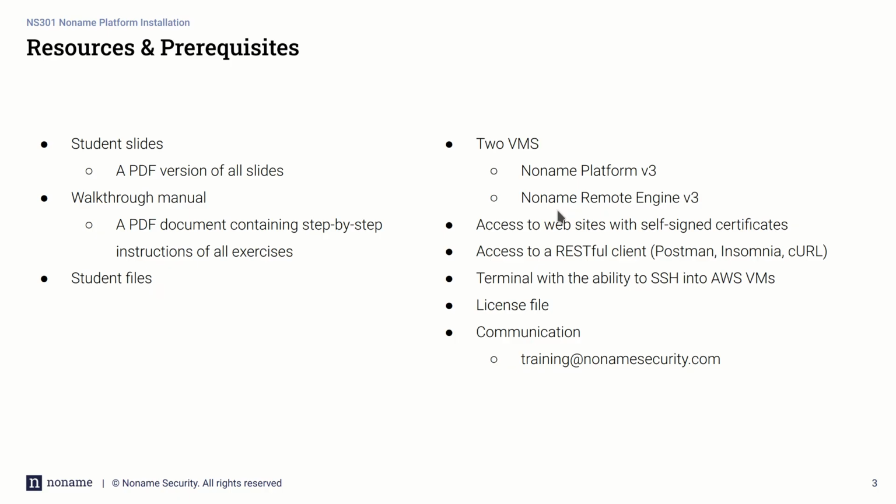Now, you have a copy of the slides that I'm sharing with you currently. It's going to be of the PDF kind. There is a walkthrough manual, about 7-8 pages long. Actually, more than that. My apologies. It's much larger than that. It's about 17 pages long and contains step-by-step instructions on how to complete the exercises.